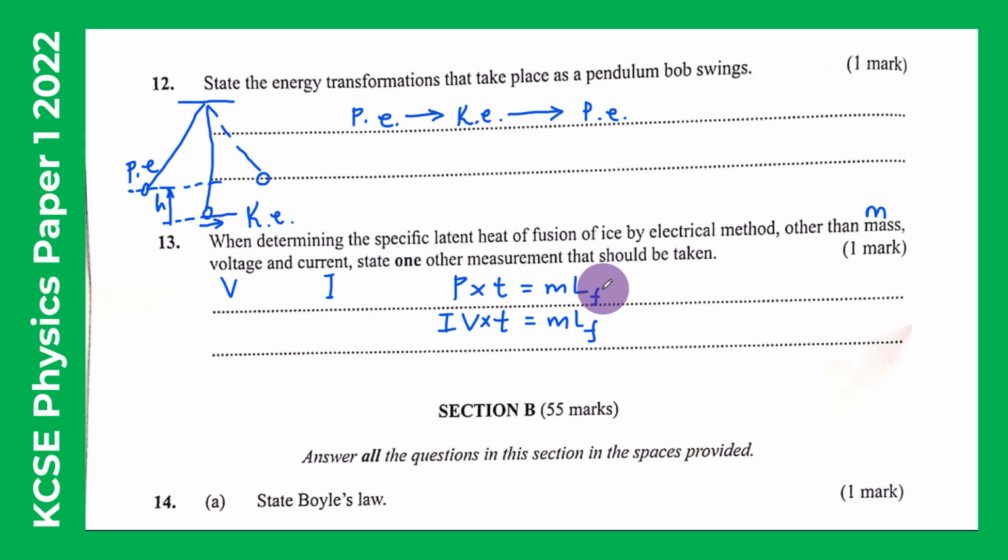So what is remaining, or what must be measured, is the time for the mass m of ice to melt. That is what is missing out. And that is how section A is worked out.